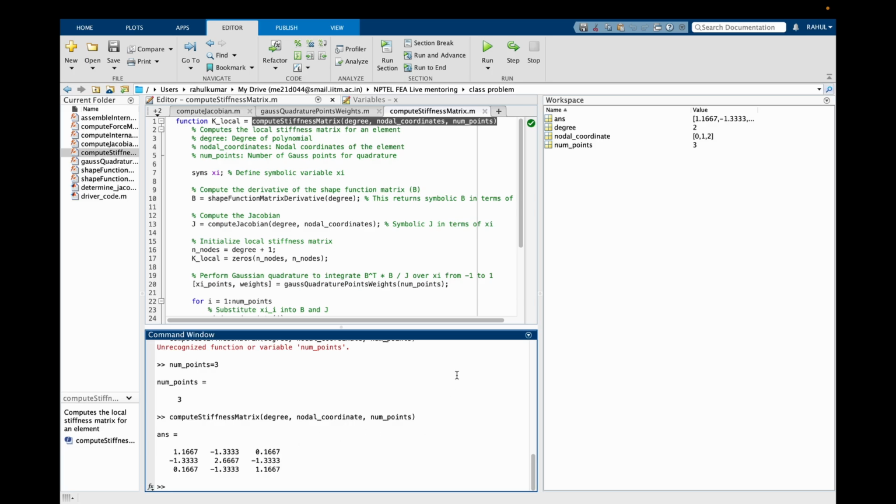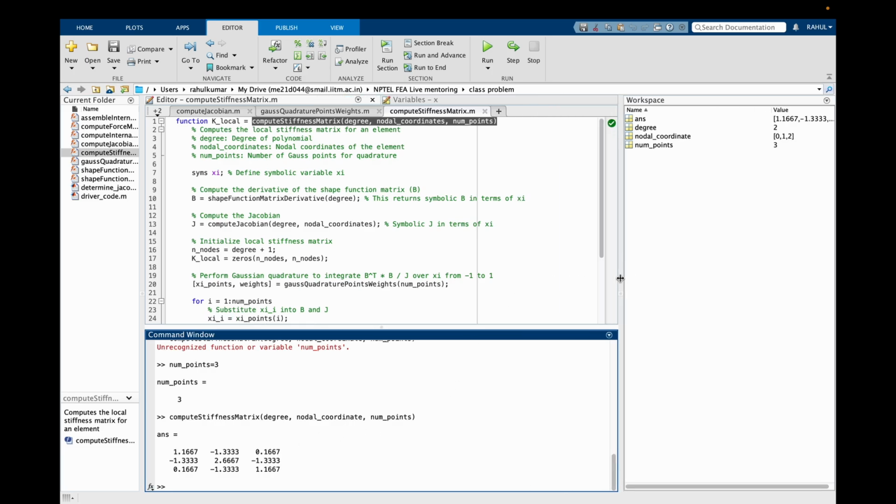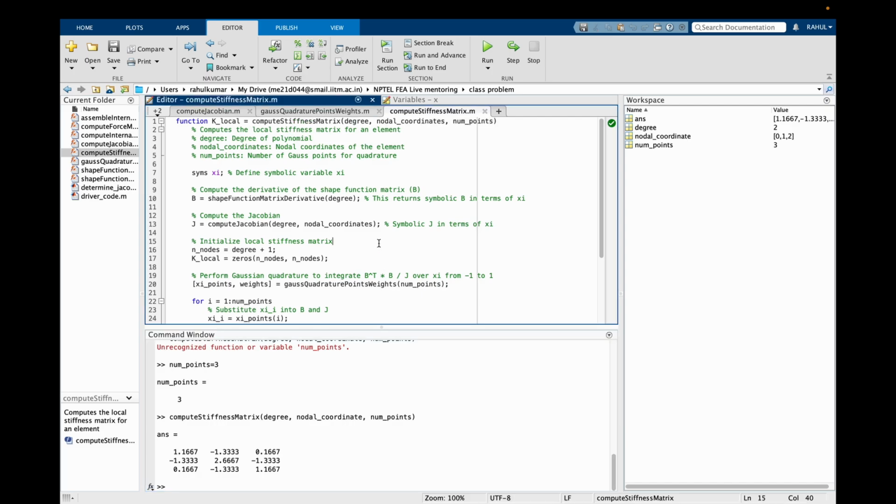Okay, so here you can see that I have computed a stiffness matrix. Tell me, this is exactly what you got in the class, whatever sir taught us. Now we will move to the force matrix.